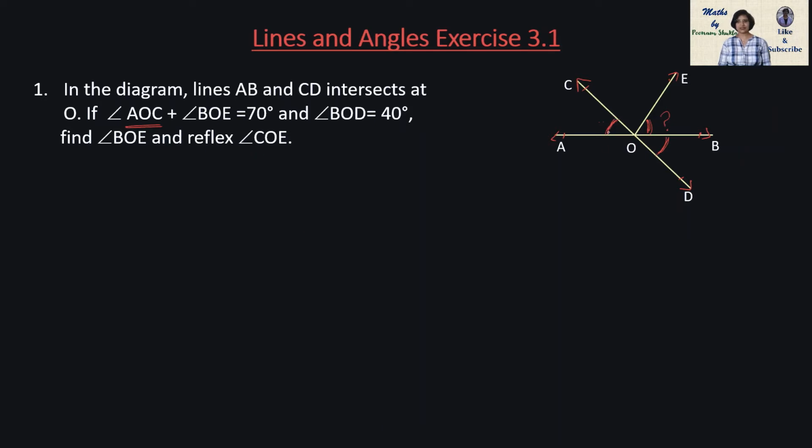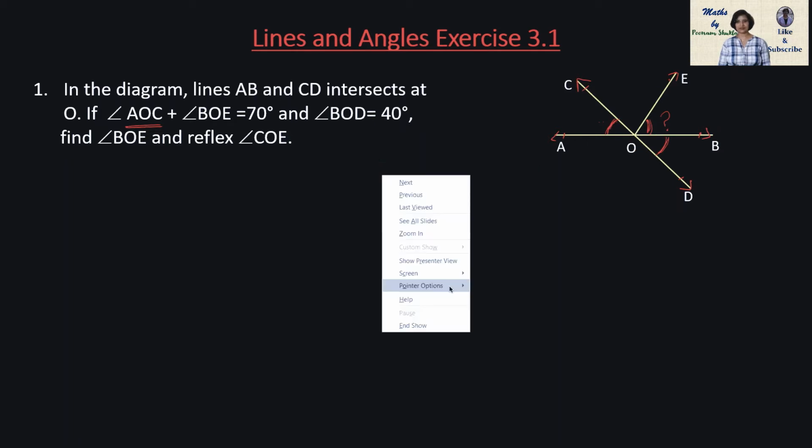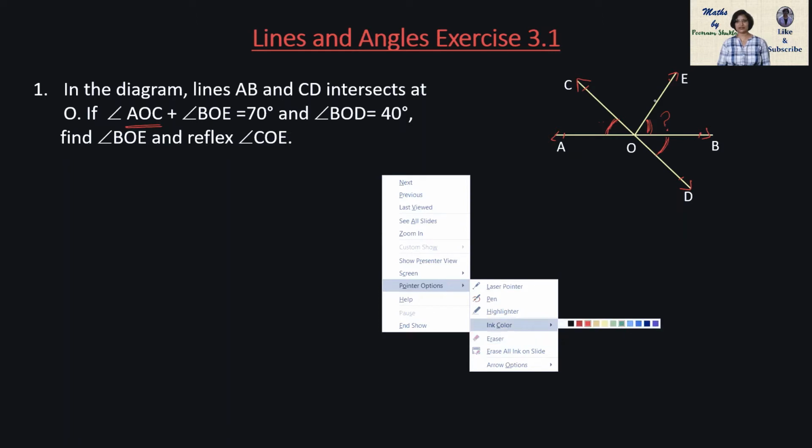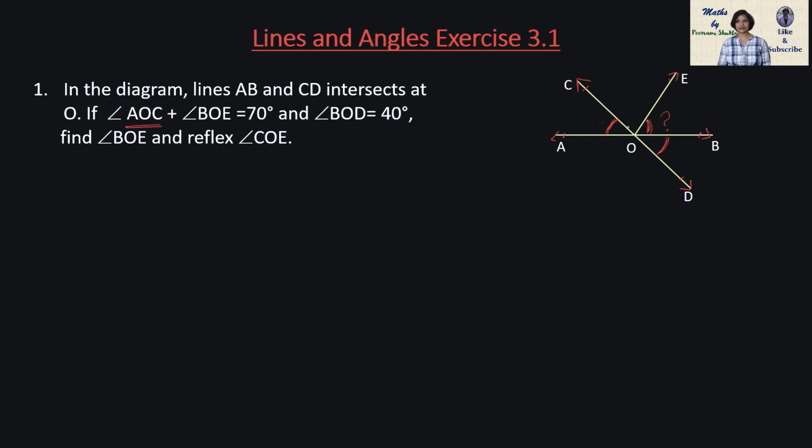So COE means, let me change the ink, it will be better to understand. This is COE. This angle you have to find, right? So first we have to find this one and then this one. To find this, we will start from the straight line AB.